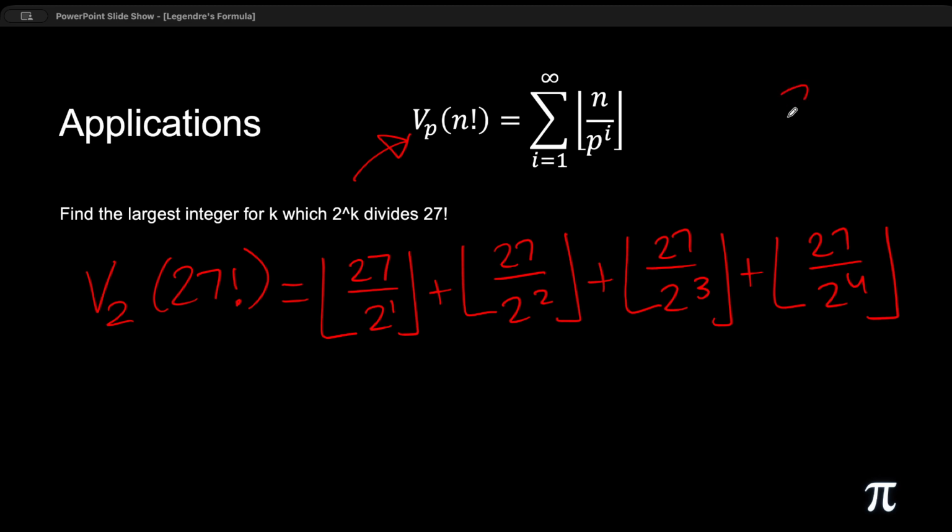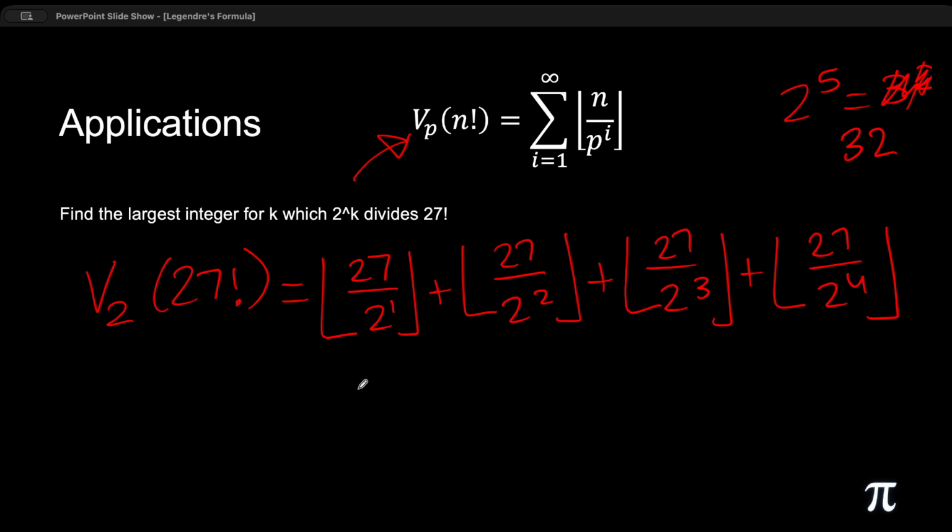And we could also write 2 to the fifth power, but 2 to the fifth power is 32. And we already know that 32 is greater than 27, so the floor function would just result in 0.